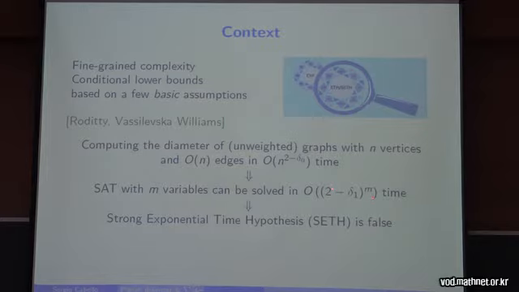And this contradicts the so-called strong exponential time hypothesis, which basically, I mean, it's not really like this, but it tells that the number you write here in the limit should be 2. So in particular, if you are able to write any number strictly smaller than 2, then you're contradicting this hypothesis. Okay, so this is actually just in one direction.